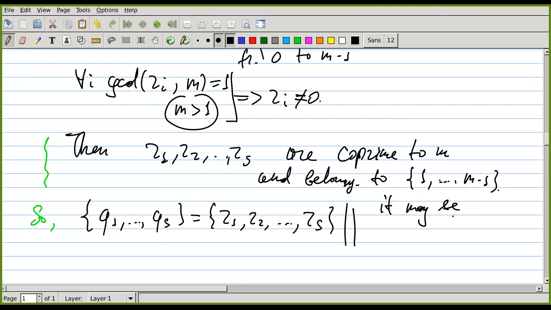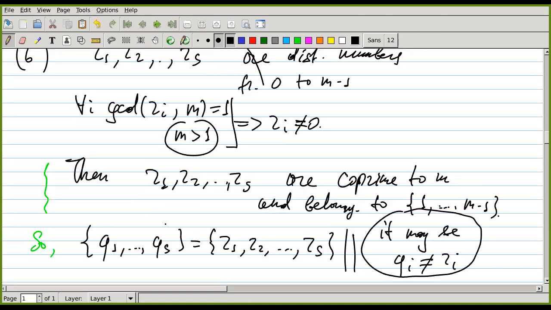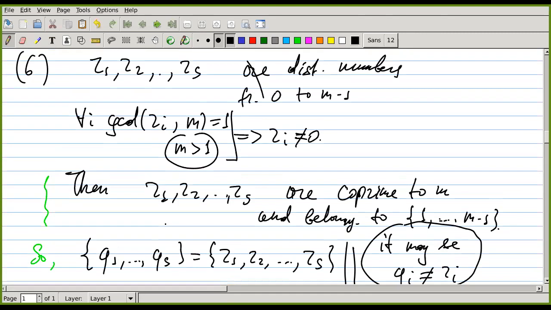It may well be that Qi is not equal to Ri, but all these numbers taken collectively, taken together, are the same as R's. Is it clear? Yep. So this is our main conclusion.